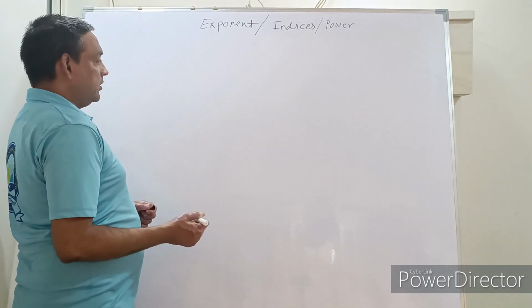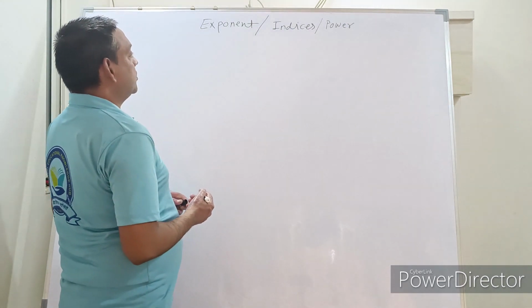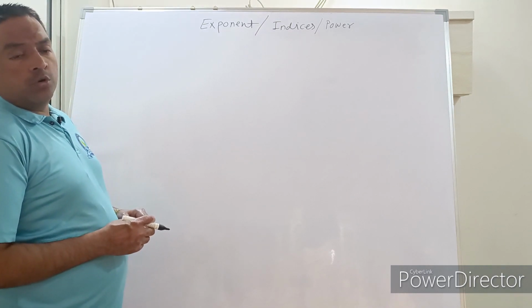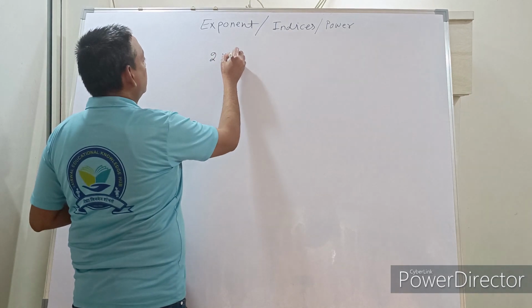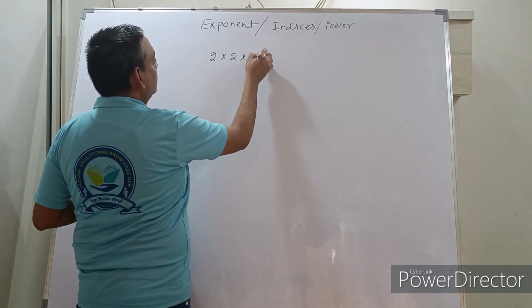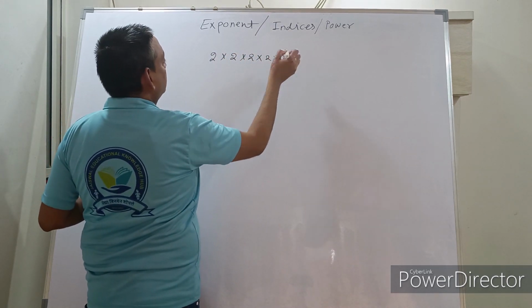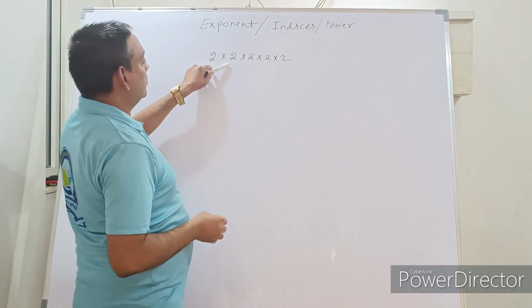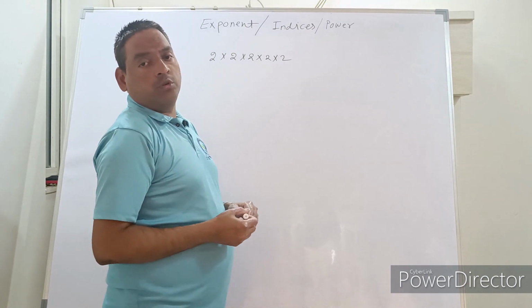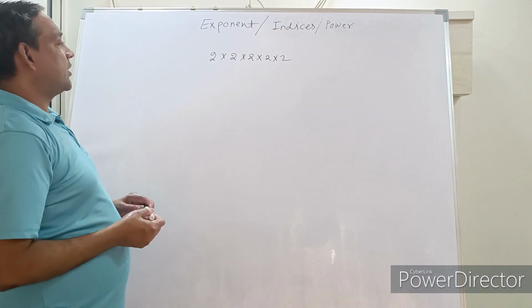Okay, so if I say to write 2 5 times, so what we'll do here, 2 into 2 into 2 into 2 into 2. So this will be what? 2 5 times. Okay, 1 2 3 4 5 times. So we can write down 2 five times.